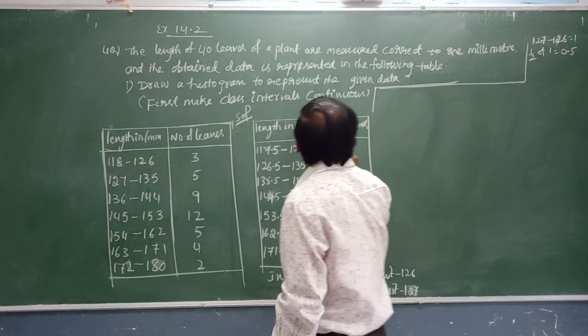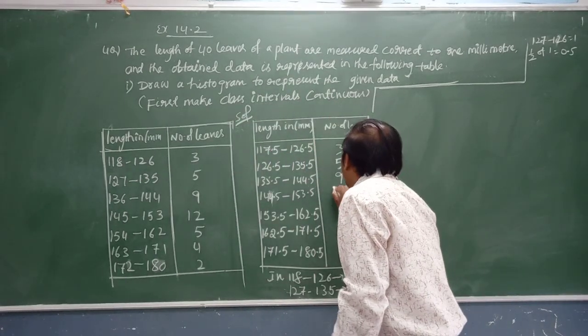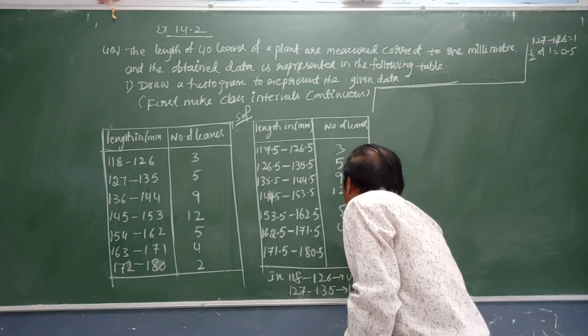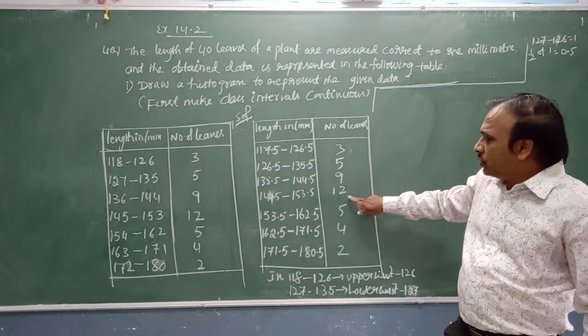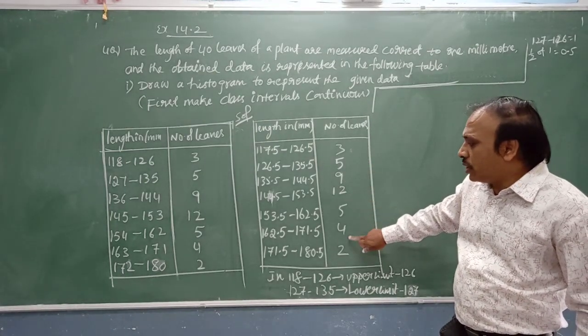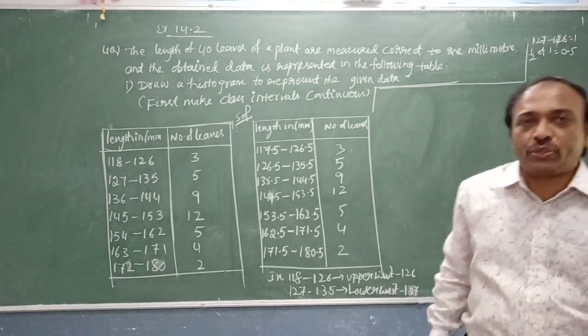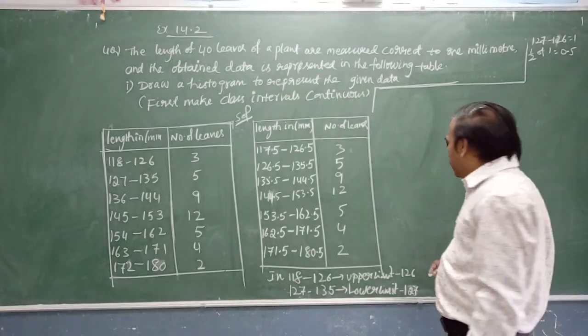The frequencies are 3, 5, 9, 12, 5, 4, 2. This data you have to represent as a histogram, graphically. For that, what do we have to do?